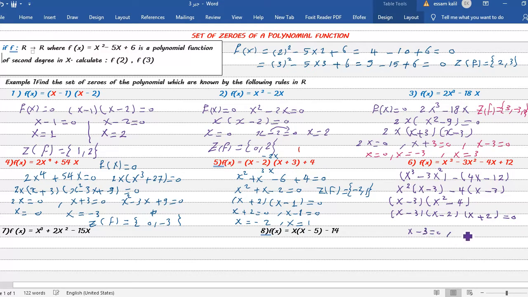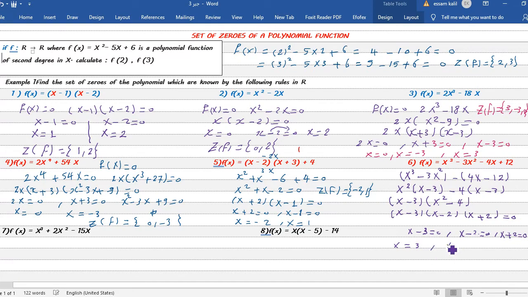Comma, x minus 2 equals 0, and x plus 2 equals 0. Move 3 to the other side, so x equals 3.